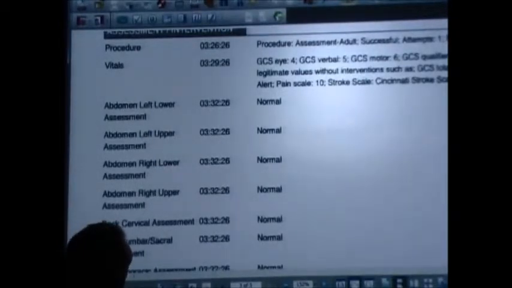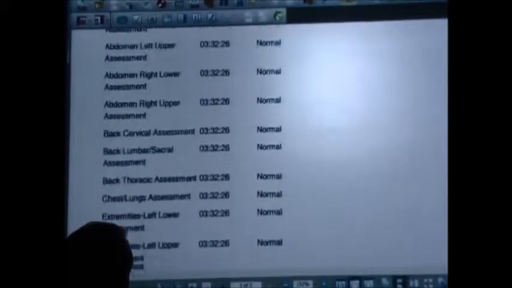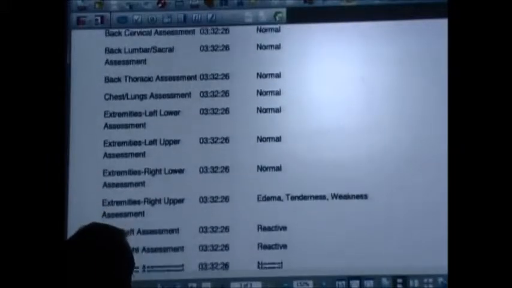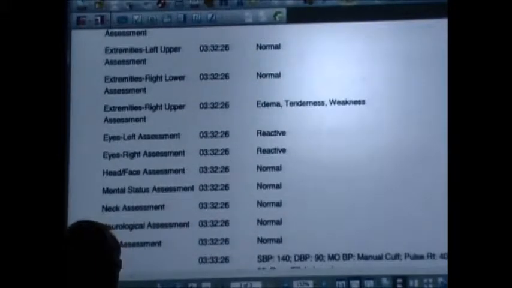So it's helpful to put as many of those checkboxes as you can that make sense. And again, it may not do much for your charting.